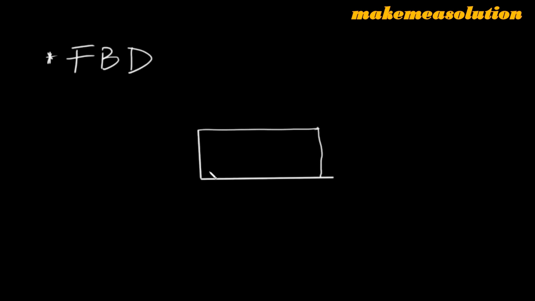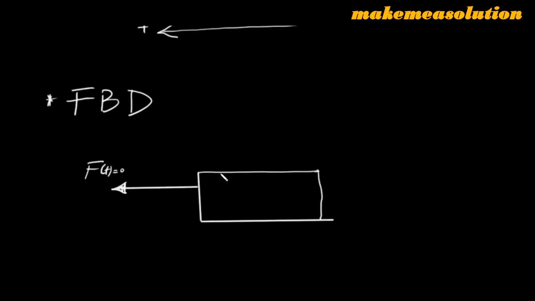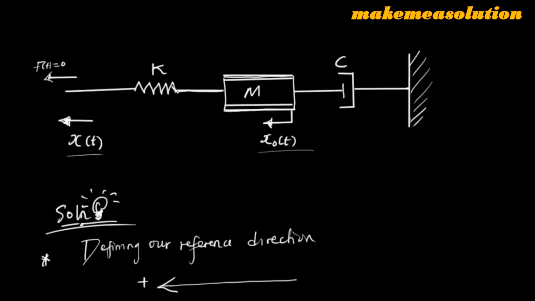To draw the free body diagram, we are assuming that there is a force creating motion, which is our f of t, which is actually 0. Now, also in this particular direction, you need to consider that your spring is also acting in front of the mass. So the spring constant through Hooke's law will contribute to the force.